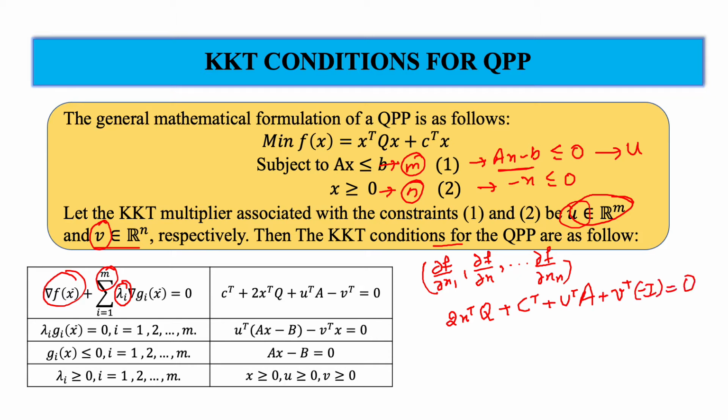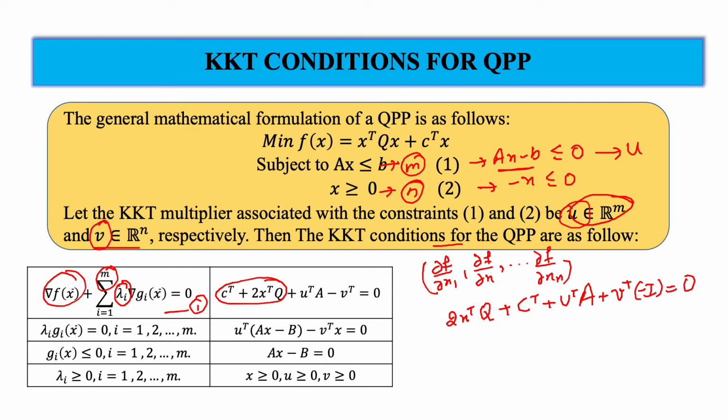Which equals 0, by equation number 1. So this is the first KKT condition for the given quadratic programming problem. The gradient of f is this term, then u transpose A, minus v transpose equals 0.